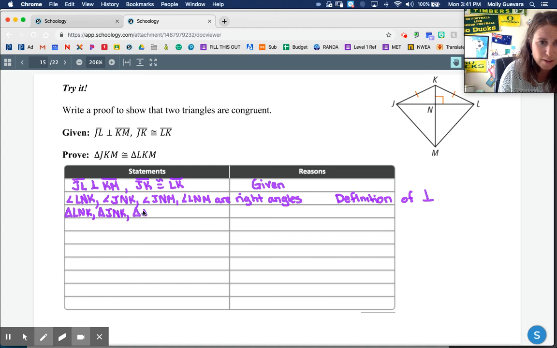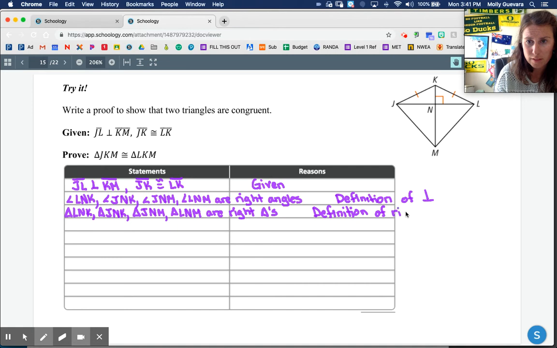Triangle JNM and triangle LNM are right triangles, and that's, again, definition of a right triangle.